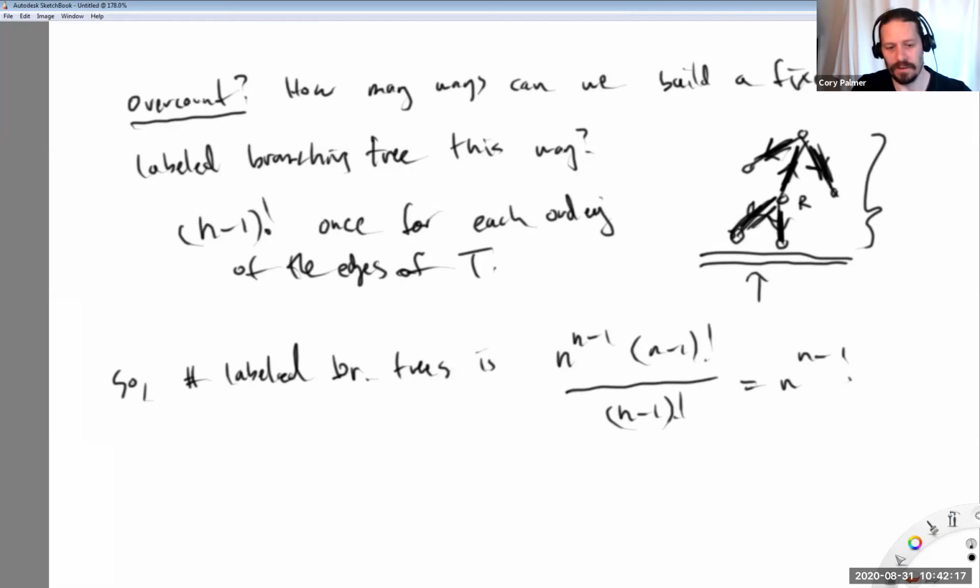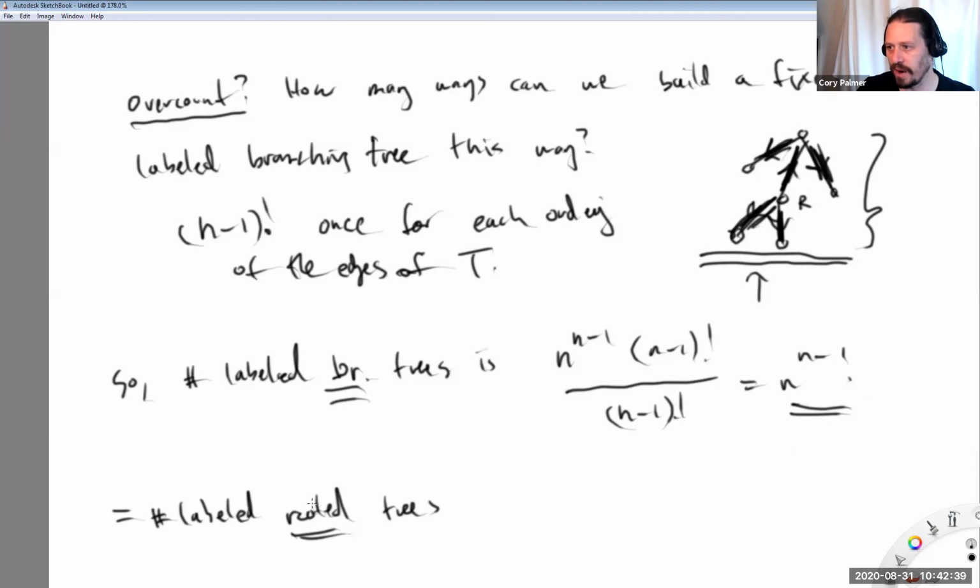And now what Van additionally said comes into play here. The number of labeled branching trees is this, and how does that relate to the answer that I actually want? Well, this is equal to just the number of labeled rooted trees. Remember, being branching and being rooted were the same thing. When you give a root, you give the branches, you give the directions. It doesn't include additional information.